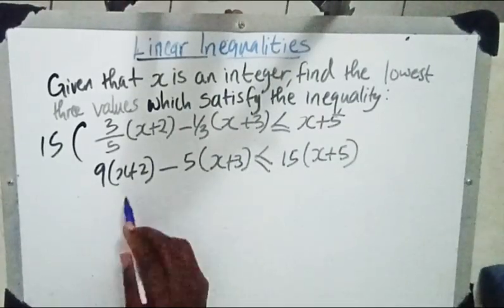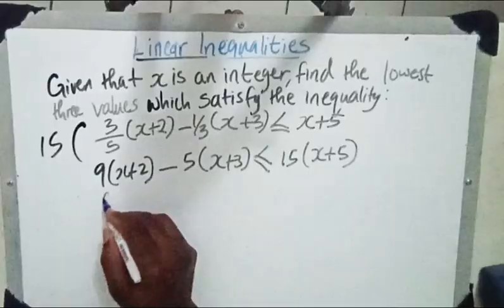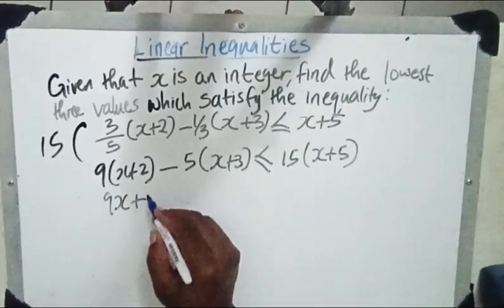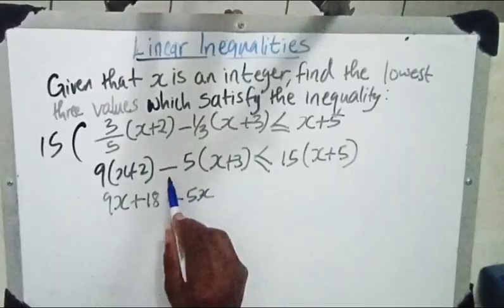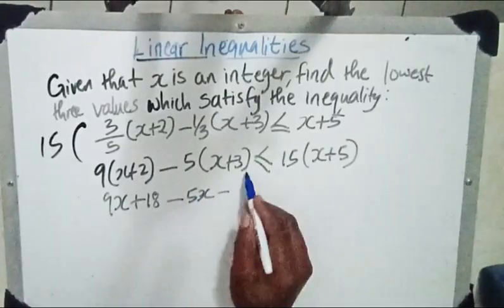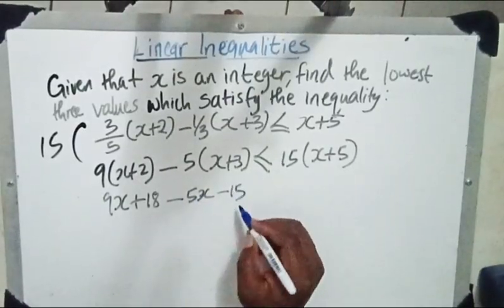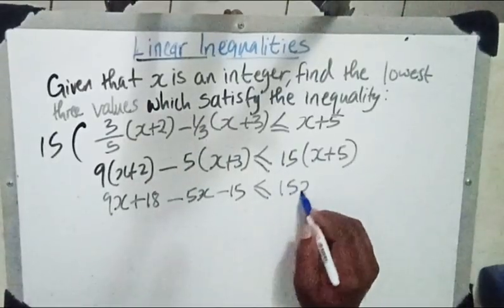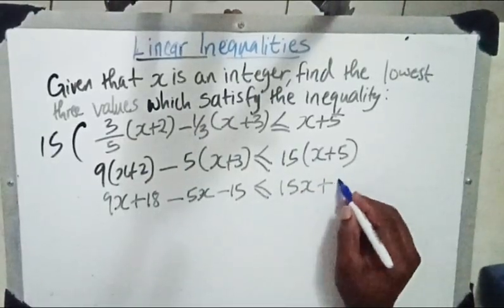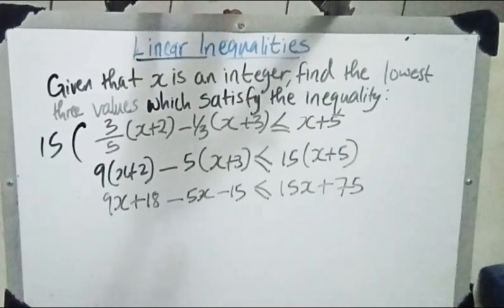So now we're going to open up these brackets. So here we have 9x plus 18 minus 5x minus 5 times 3, 15, less than or equal to 15x plus 15 times 5, 75.